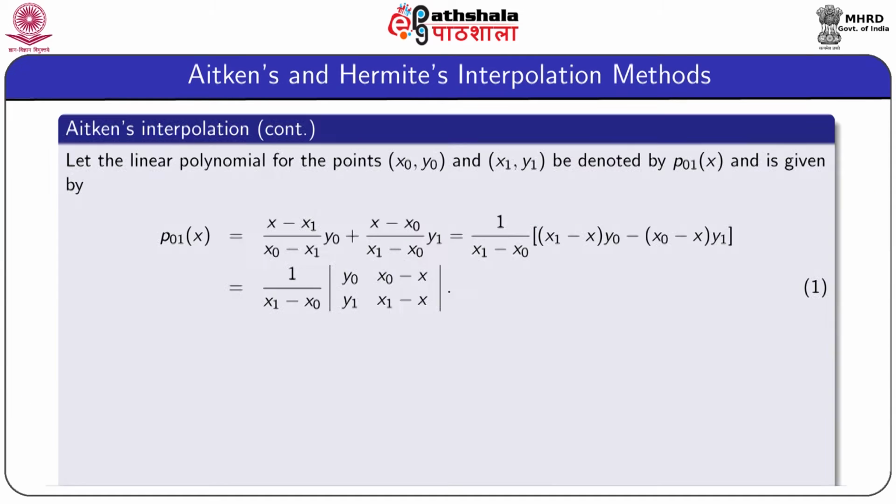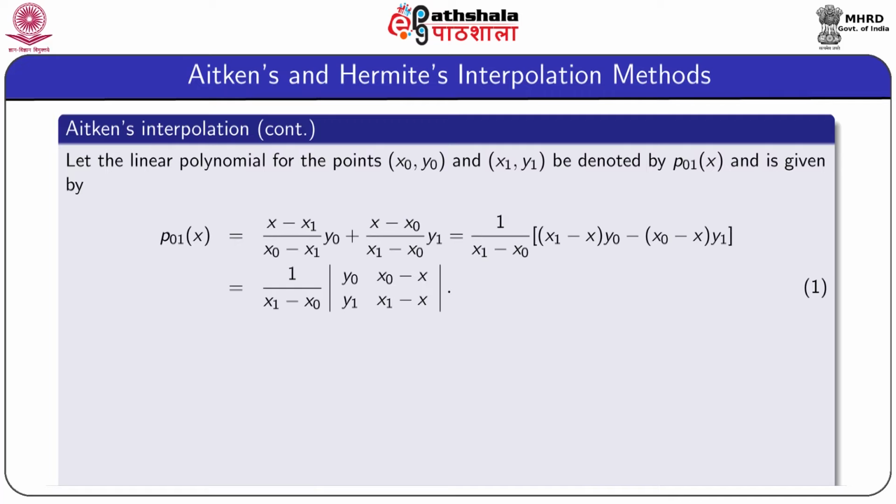In detail, let the linear polynomial for the points x0 y0 and x1 y1 be denoted by p01(x). It is given by p01(x) equal to (x minus x1) by (x0 minus x1) into y0 plus (x minus x0) by (x1 minus x0) into y1, and this polynomial is obtained from the linear Lagrange interpolation formula.